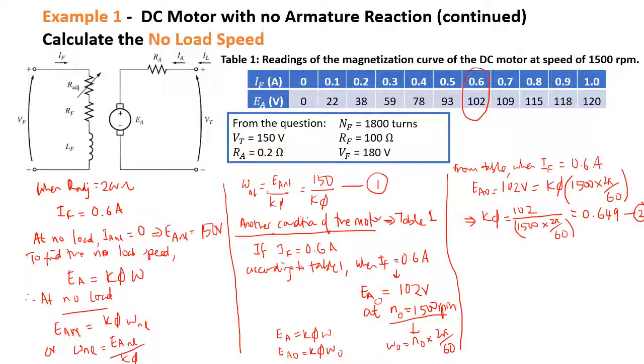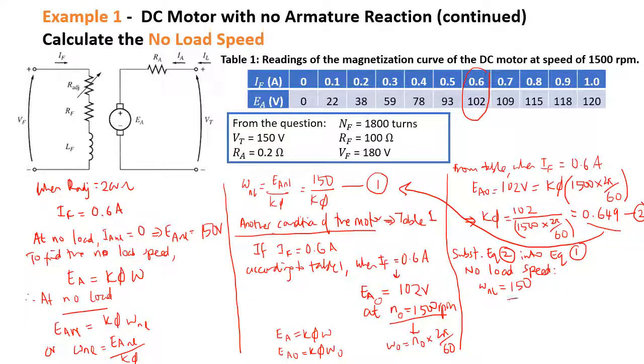Now that we have a value for K flux, we can substitute equation 2 into equation 1, and we are going to be able to calculate the no load speed. So the no load speed omega NL is equal to 150 over K flux, and we know that K flux is 0.649.